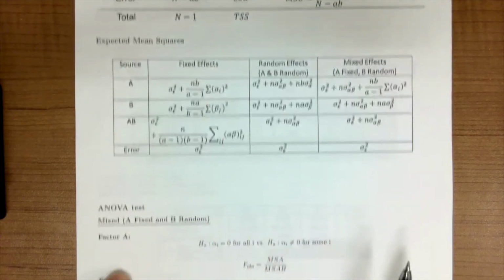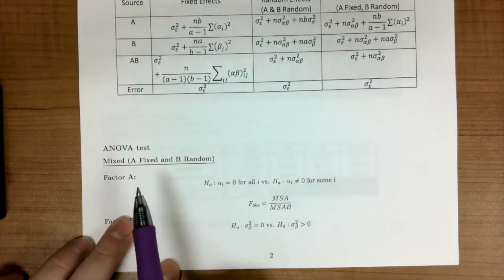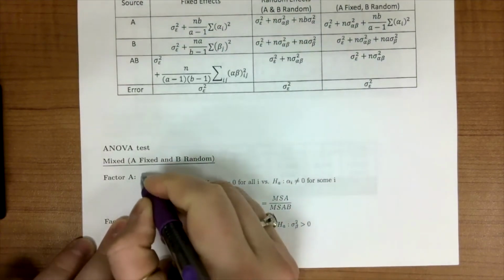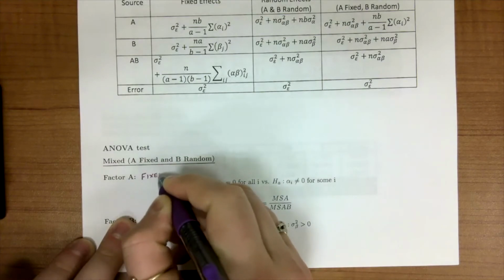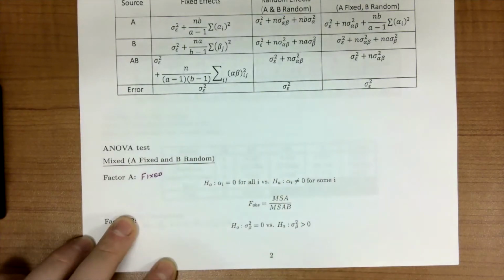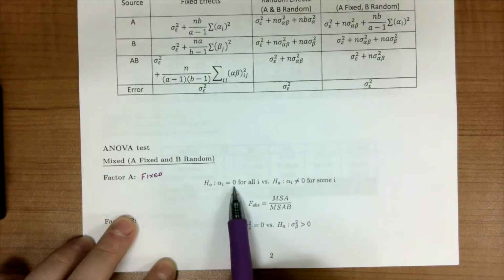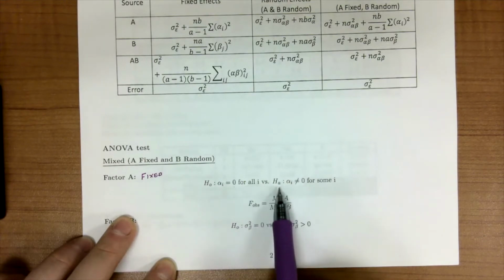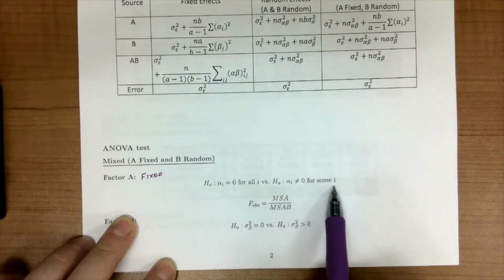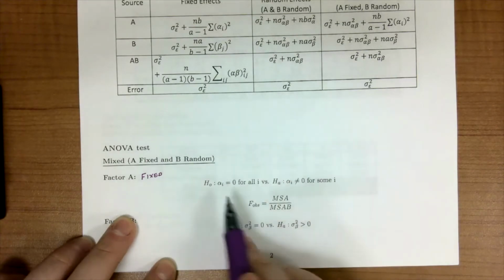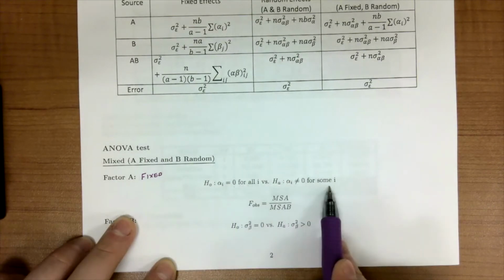If we were to test factor A, which is fixed, our hypotheses will be that alpha I equals 0 for all I, or our alternative, alpha I at least differs for one of them. Another way you could say that is there's no treatment effect or there is.